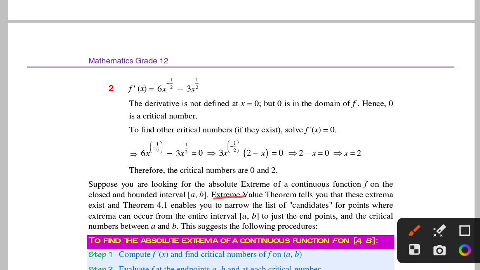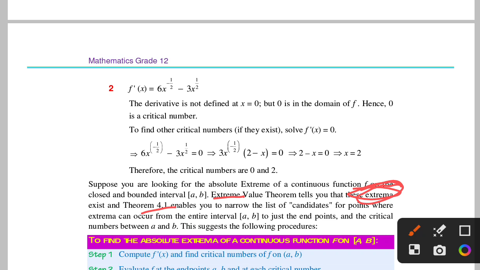Okay, the extreme value theorem tells you that extrema exist. The extreme value theorem shows that extrema exist, absolute minimum and absolute maximum.